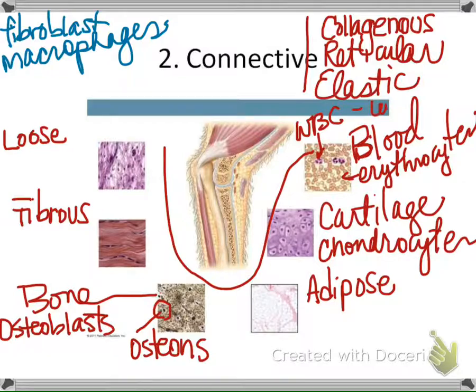There's lots of types. We're going to talk about leukocytes. They are for defense. And then you have platelets, which are cell fragments that help in clotting.